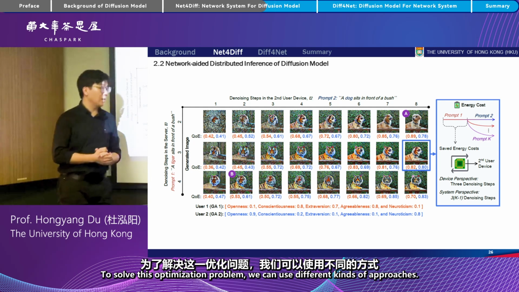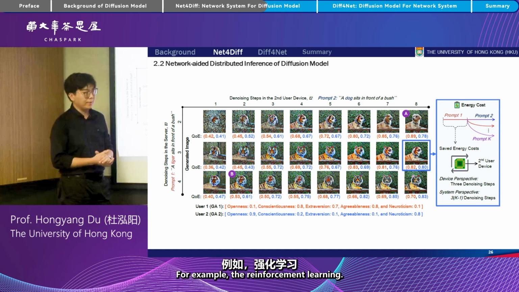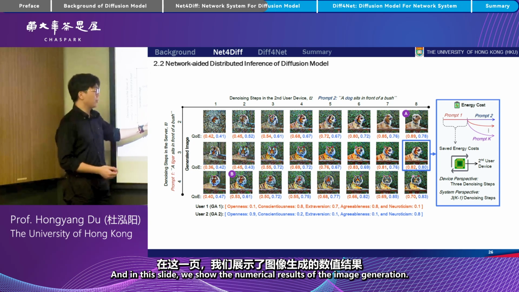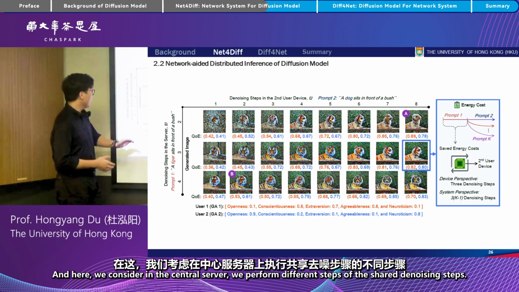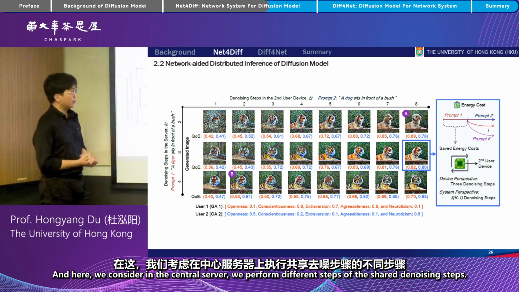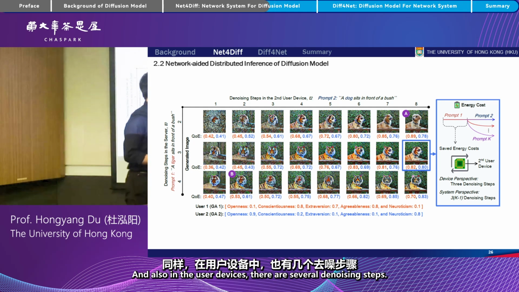To solve this optimization problem, we can use different kinds of approaches. For example, reinforcement learning. And in this slide, we show the numerical results of the image generation. Here, we consider that in the central server, we perform different steps of the shared denoising steps. And also in the user devices, there are several denoising steps.